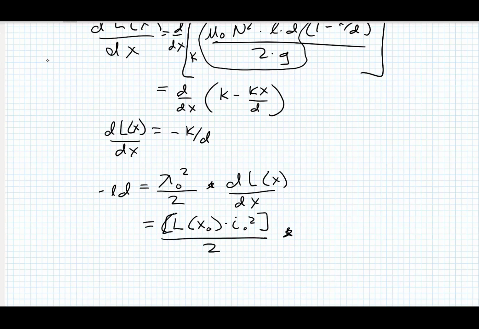So this would be the force at a specific x and a specific lambda.